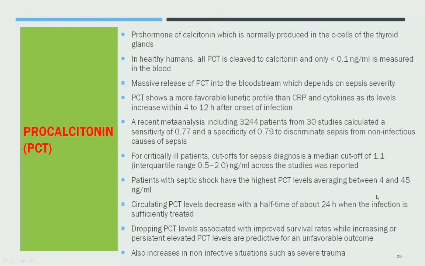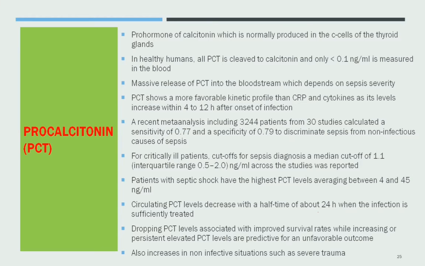Procalcitonin shows a more favorable kinetic profile than CRP and cytokines, as its levels increase within 4 to 12 hours after the onset of infection. It has a sensitivity of about 0.77 and a specificity of 0.79. For critically ill patients, the cutoff of procalcitonin is about 1.1 nanogram per ml.